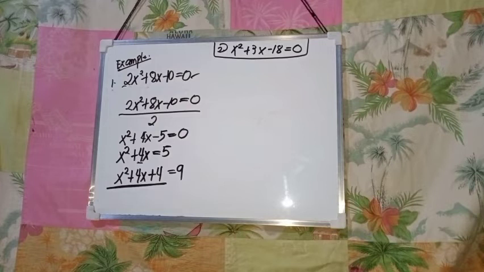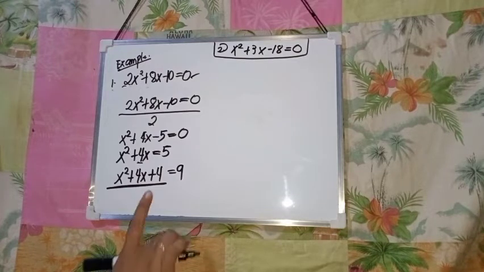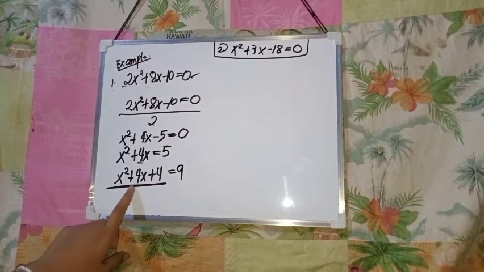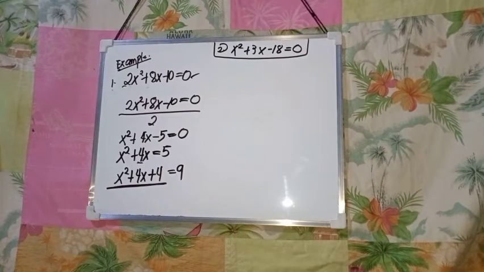Since we have a perfect square trinomial, we can make a binomial from this. What are the two numbers that when you multiply, equal 4, and when you add, also equal 4? The two numbers are 2.